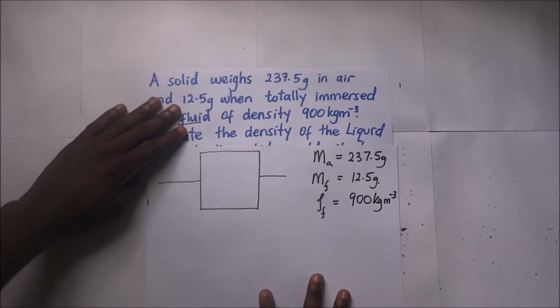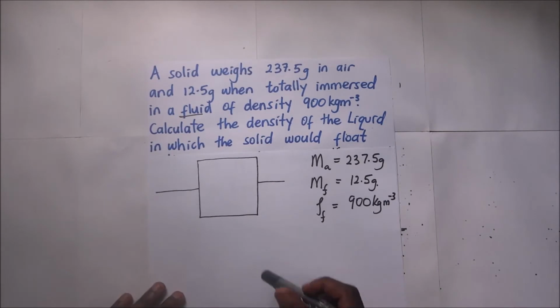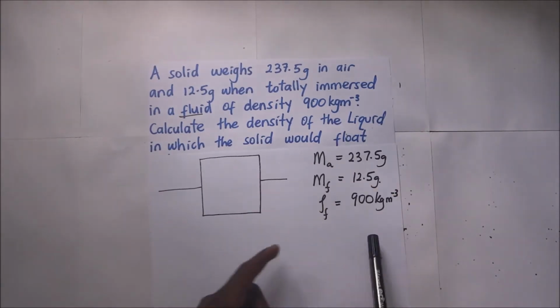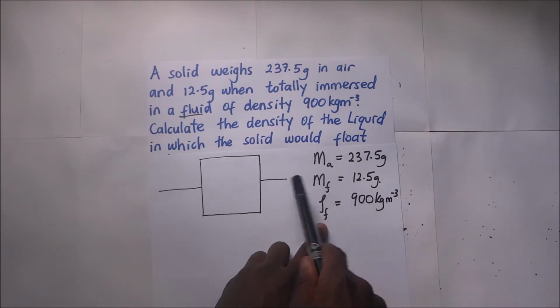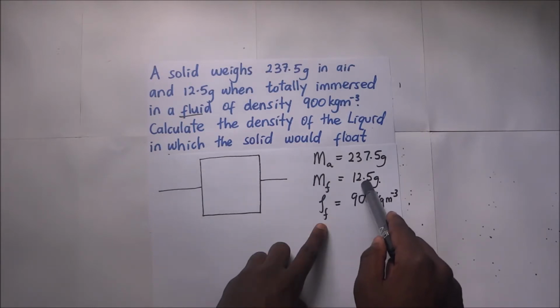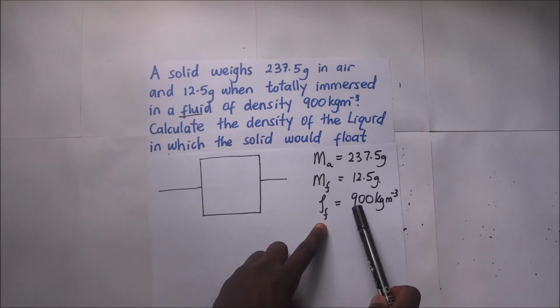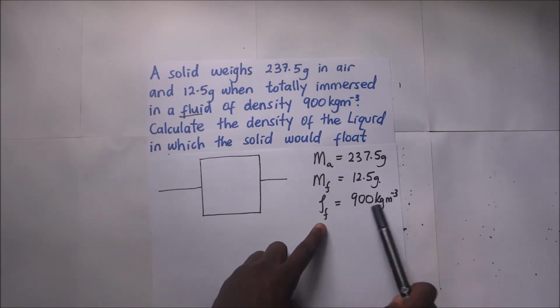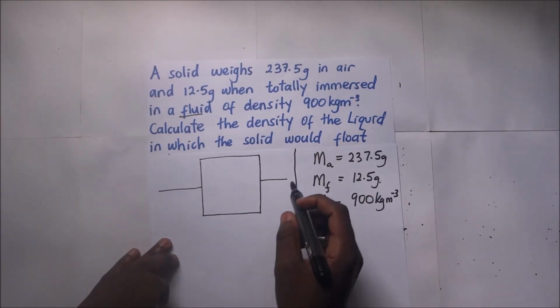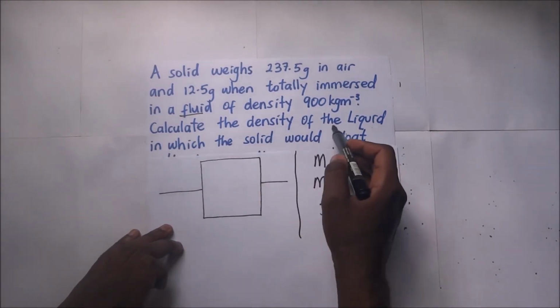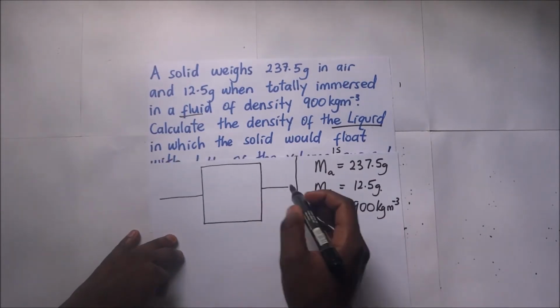So we are to calculate the density of the liquid. The mass of this solid when it is in a fluid will be 12.5 grams when it is immersed in a fluid of this density. And now the question is asking us to calculate the density of the liquid in which the solid would float.